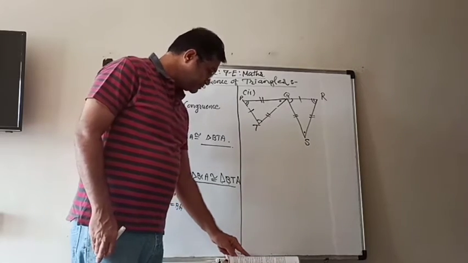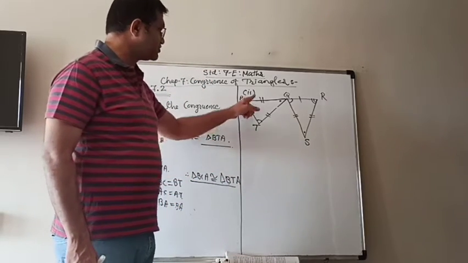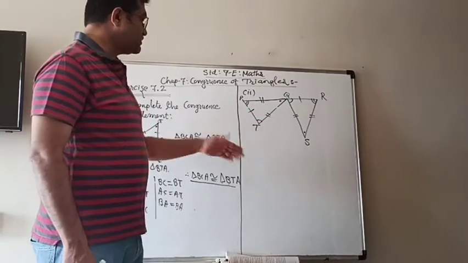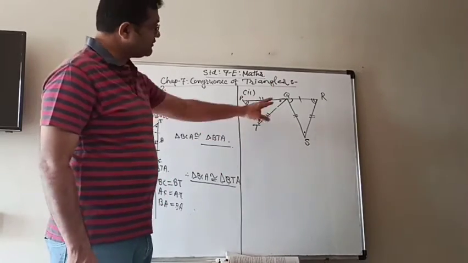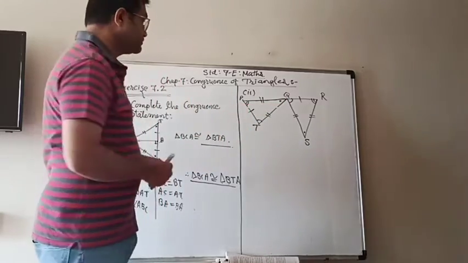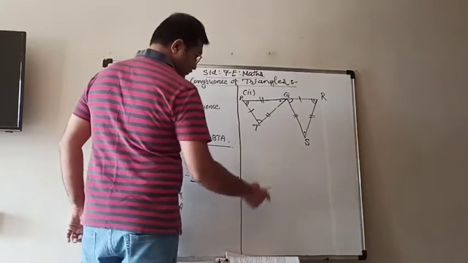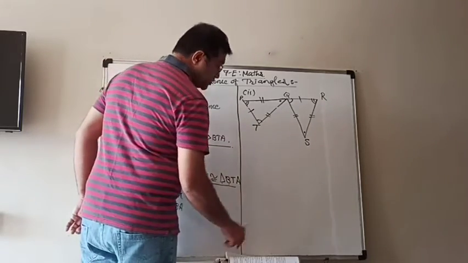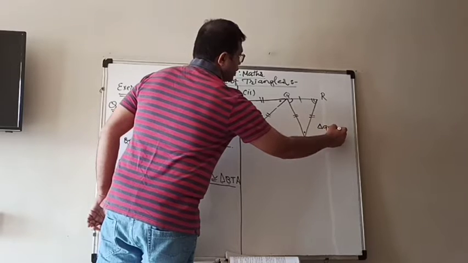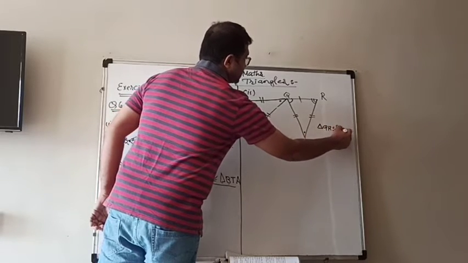Or maybe there is a printing mistake, because there is 1, 2 and that must be the 3. So we will see, because when we see the angles first, then it will be clear. Now what we have to prove here? Triangle QRS is congruent to triangle blank.